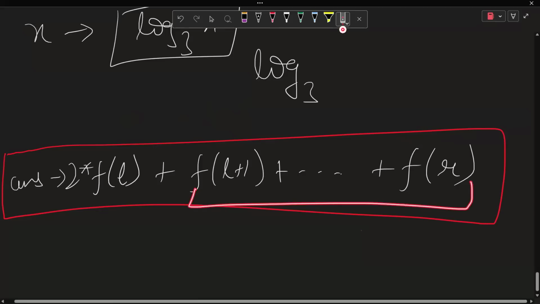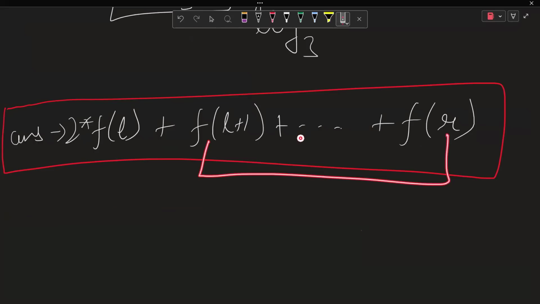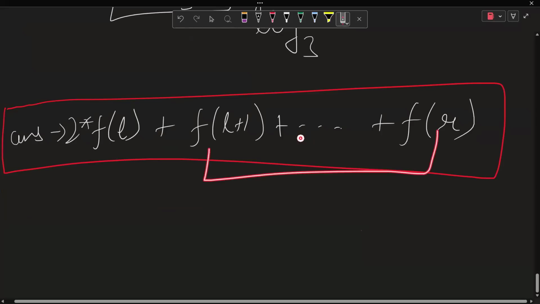So you can use the concept of prefix sum, if you know, to calculate the sum of this range in O of 1 if you have pre-calculated this before only. So before the test cases only, you pre-calculate the sum for any range.